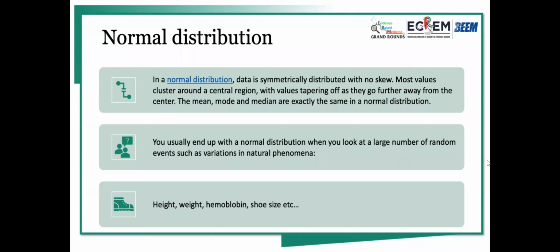Now, the nice thing is that when you have a large number of random events, such as those that we see in nature, for example, again, hemoglobin, temperature, height, weight, any number of blood sugar values, they tend to follow the normal distribution.